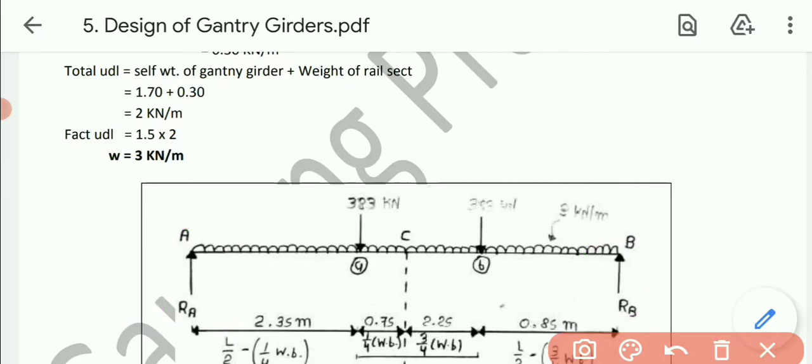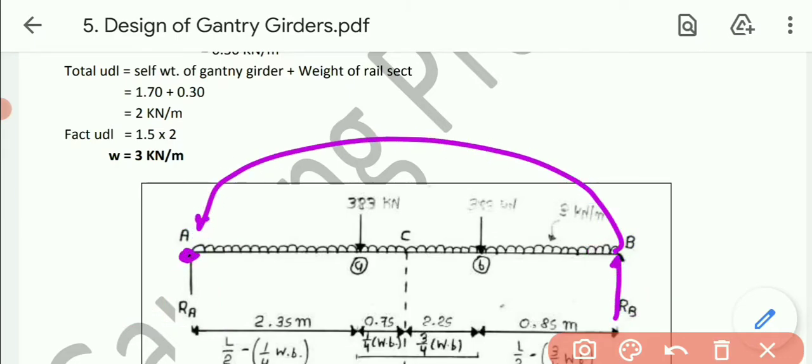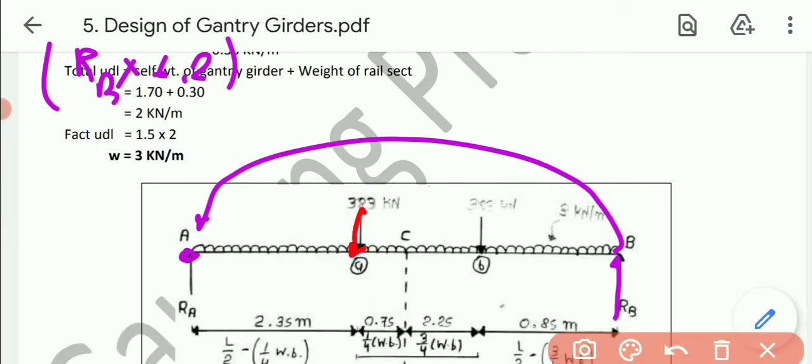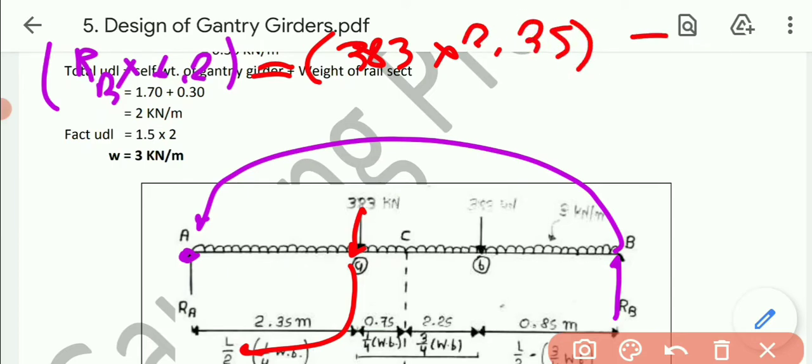Okay, so let's take moment at A. First of all, RB into 6.2 as anti-clockwise moment, since the total dimension is 6.2. Then clockwise moment 383 into 2.35, plus 383 into 5.35, that is 2.35 plus 3 meter of wheelbase.